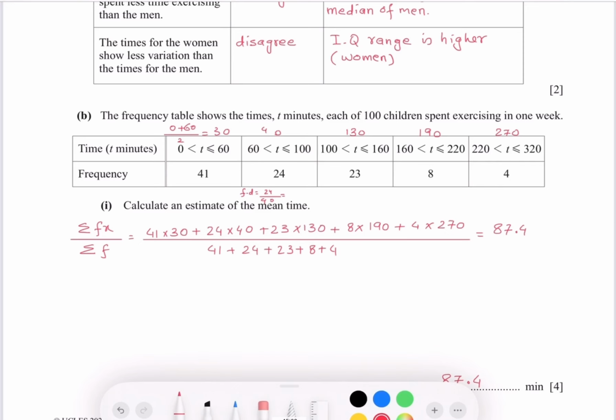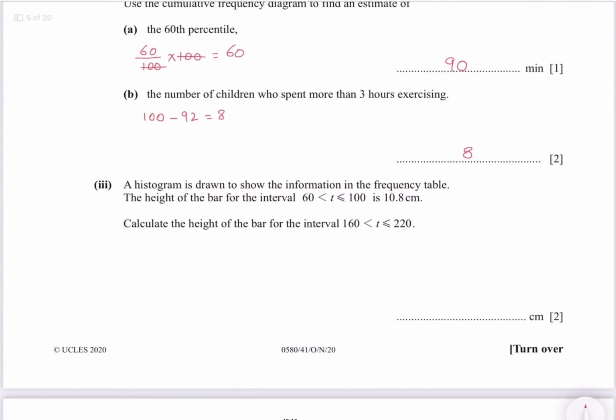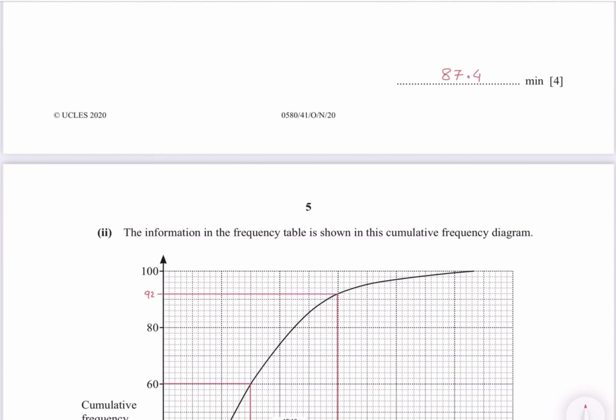This is actually from 60 to 100 is 40, and I again made the mistake. I converted the midpoint from 80 to 40, so I will correct it. So your frequency density is 0.6. So divide 10.8 by its frequency density, you get 18.